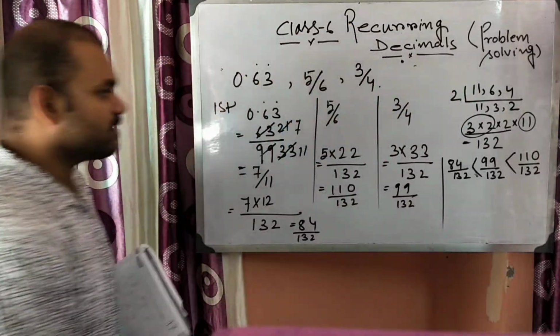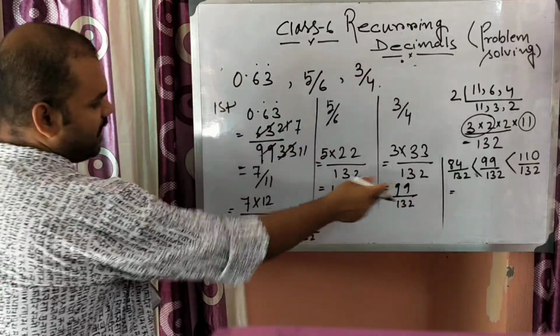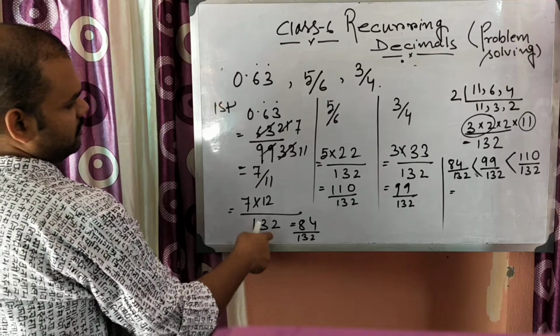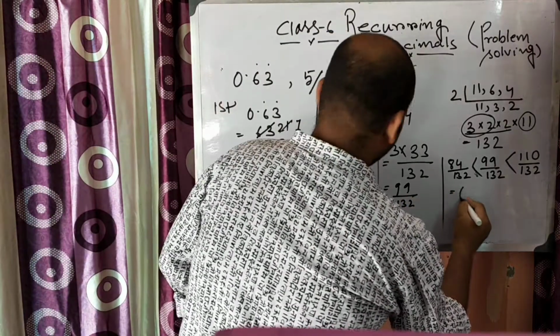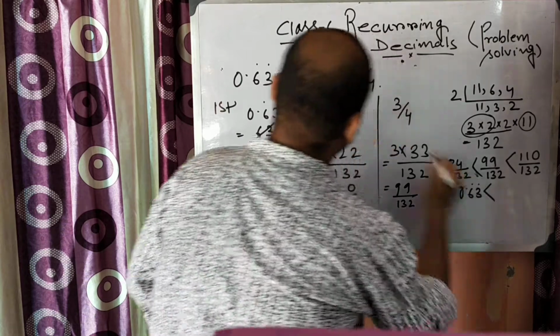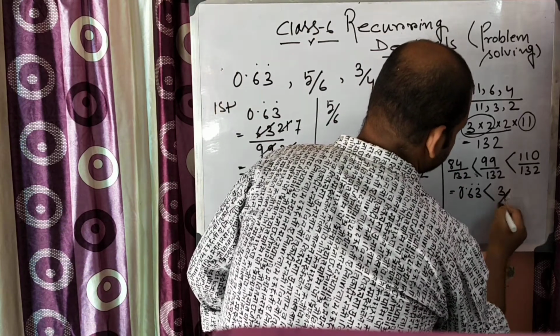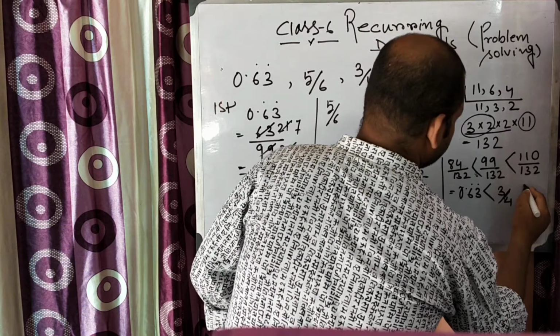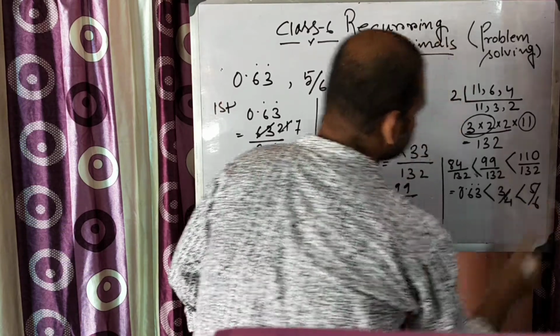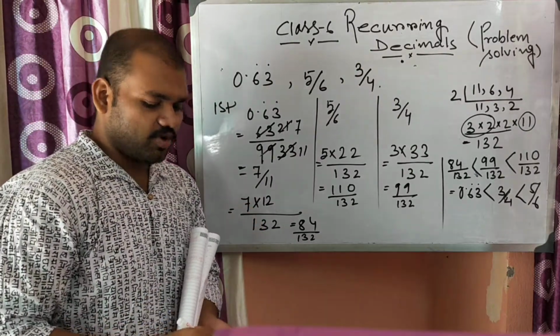But these are not the answer, because we need to put the exact terms. So 84 by 132 comes from 0.63 recurring, which you will write first, then 3 by 4, then 5 by 6. Okay, this is how you will do the rest of the sums.